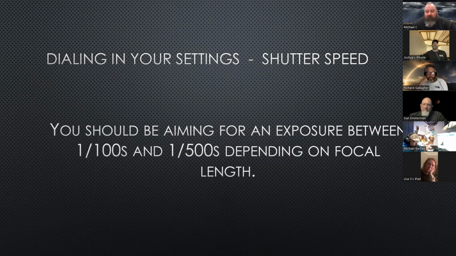Much slower than 1/100th of a second, and you may start getting motion blur. And then as far as going higher, you can always go higher. It's just that the filter usually keeps you from going a whole lot higher, just because it is a very dark filter.